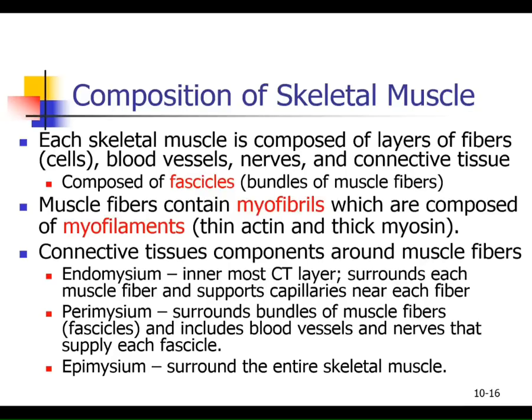When you look inside a muscle cell, it's not going to look like the cell you labeled back in chapters 2 or 3. This cell is going to be chock full of a different organelle called myofibrils. Myofibrils. That's a word you're going to hear me say a lot. So when you look inside, you're going to see myofibrils, and those myofibrils are themselves made up of myofilaments.